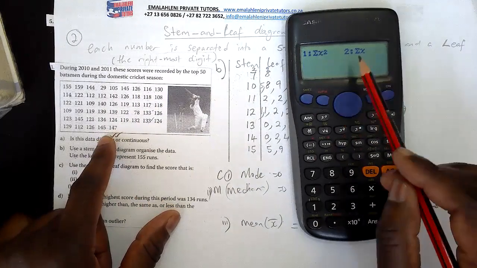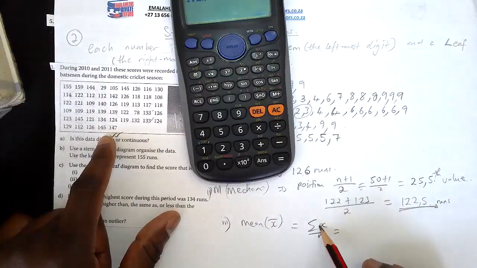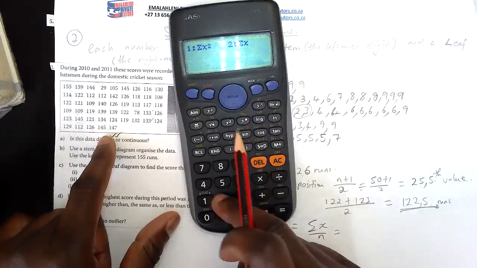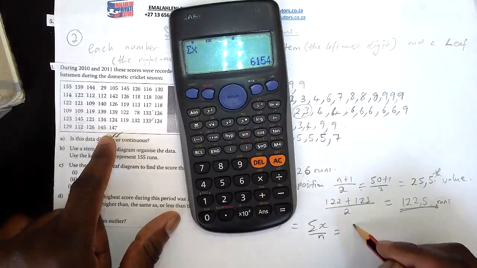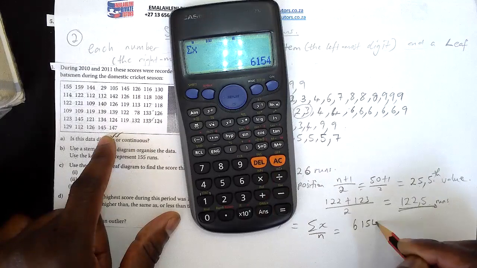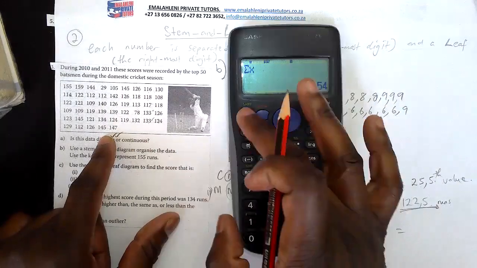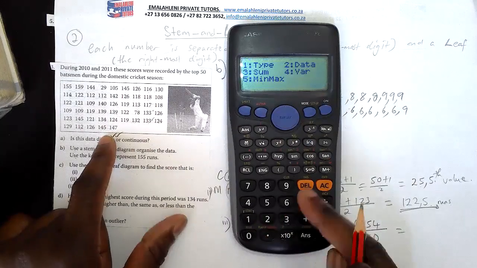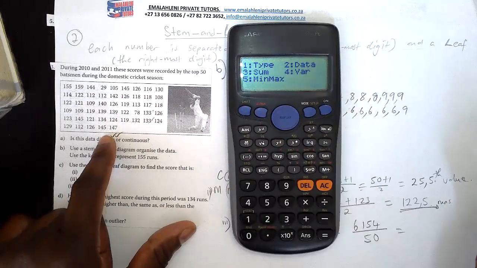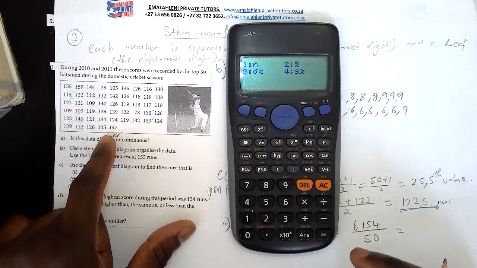Okay. Summation of X. Remember our formula, summation of X, what do I get? 6154 over n, which is 50. Then I say shift, stat. Remember, you can go straight to the value, go straight to the mean, if you don't want stress.